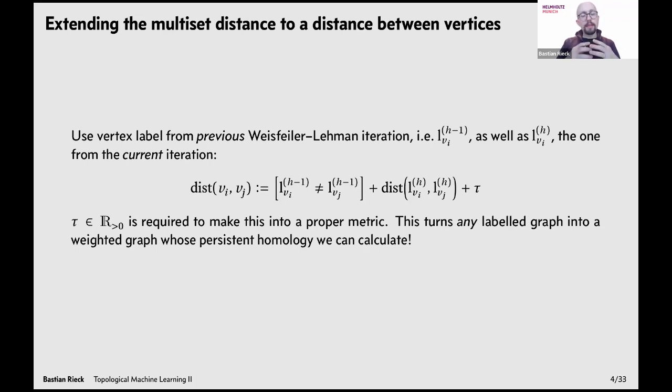And the upshot of this procedure is that based on just the WL iteration, so on this coloring scheme that I showed you, we can now turn any labeled graph into a weighted graph.